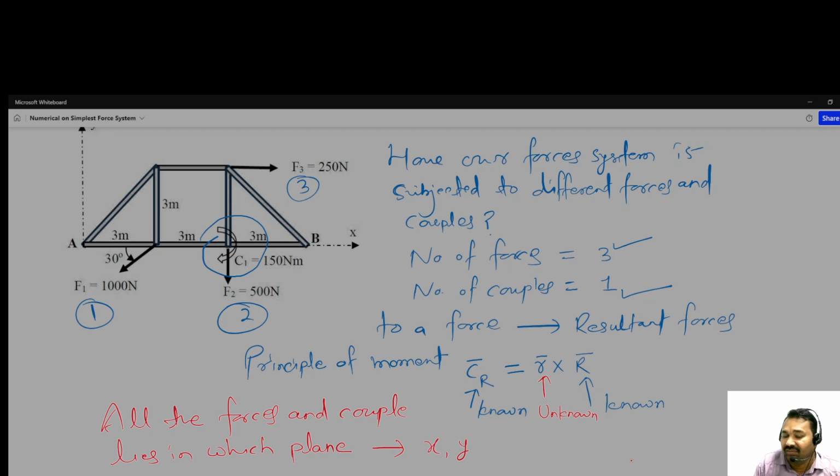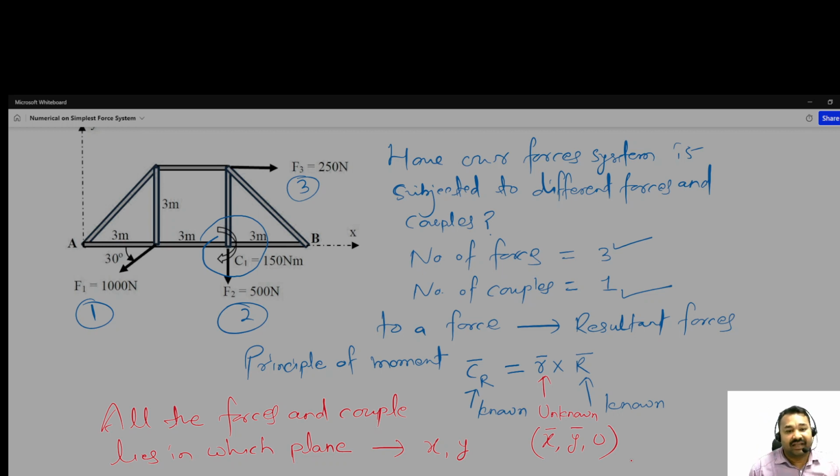R means we are talking about x, y and z, where z is 0. So here we have to get x and y, where the resultant lies. So into what form will we convert all the forces and the couple? We will convert them into the resultant form, and where it lies. Where does it exist? We have to find out the coordinates.